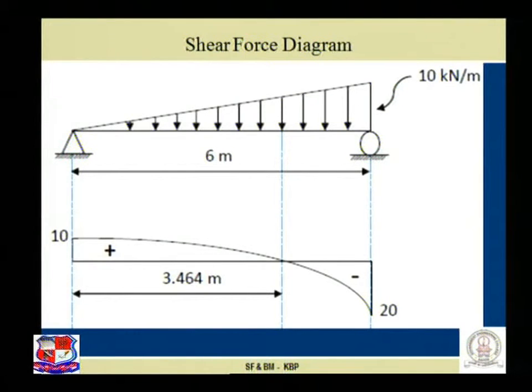As previously we know, the reaction at the simply supported beam itself gives us the value of shear force at that particular location. Second, for a simply supported beam subjected to the UVL, the variation of shear force diagram is given by a parabola.